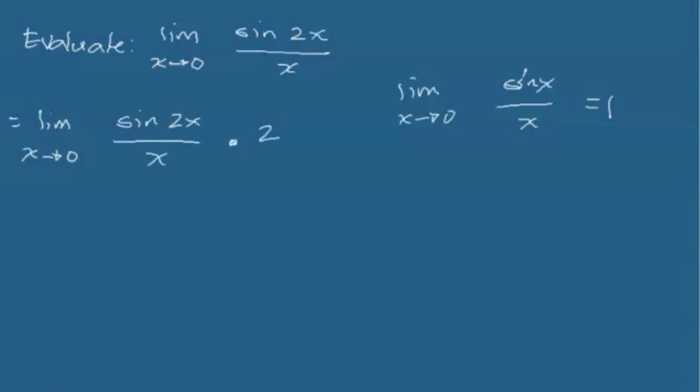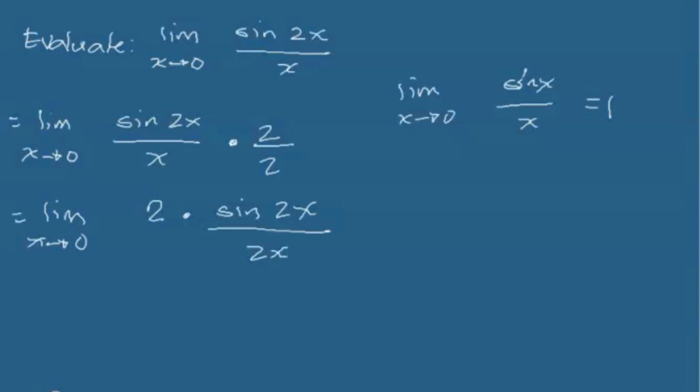So we will have the limit of 2 times sine 2x over 2x. Okay, but we have sine x over x, and now we have 2x over 2x.